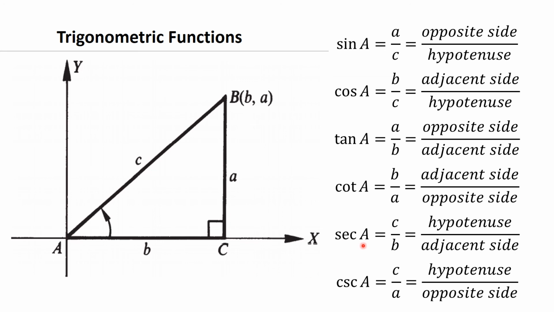The secant of angle A is equal to the ratio of side C to side B, or the ratio of the hypotenuse to the adjacent side. And lastly, the cosecant of angle A is equal to the ratio of side C to side A, or the hypotenuse divided by the opposite side.